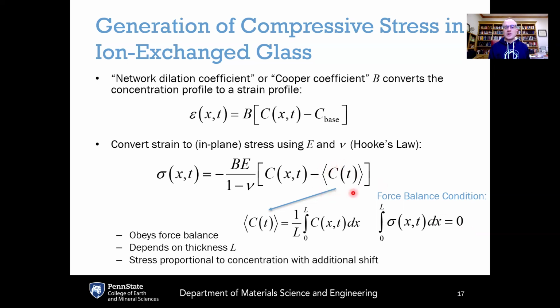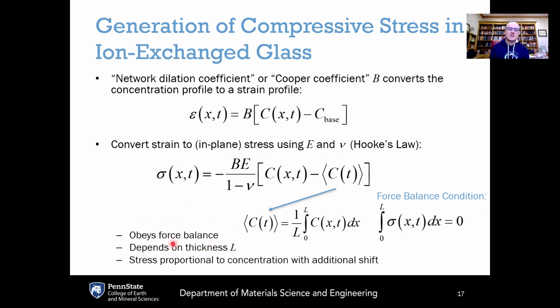And so this subtraction of the average concentration is what ensures that the force balance condition is met, so that if you integrate this entire expression from 0 to L, it will be equal to 0. So what this means is that following this expression, this obeys force balance.